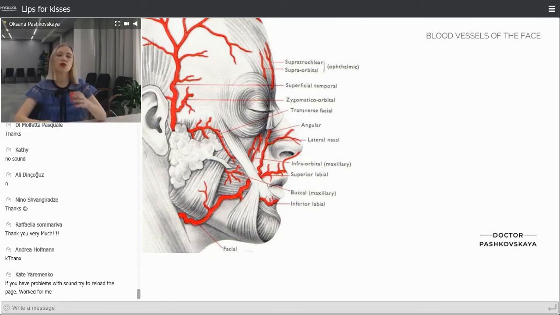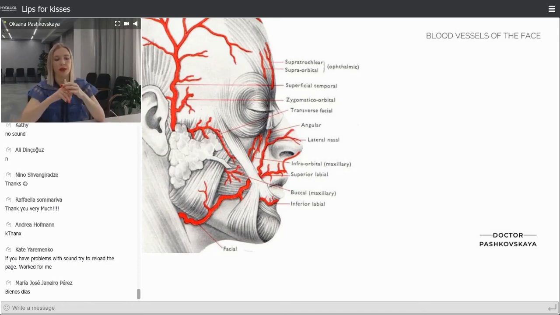When I want to work with a needle on the face of the patient, I ask him or her to clench the teeth, and I palpate the frontal border of the masseter, put my finger and try to recognize the pulse of the facial artery.